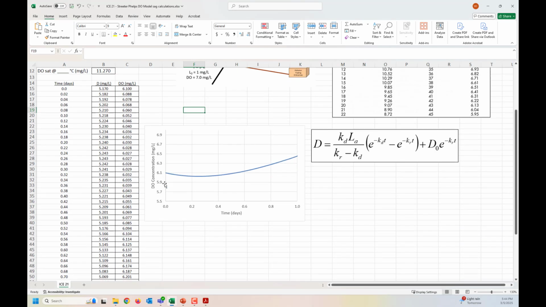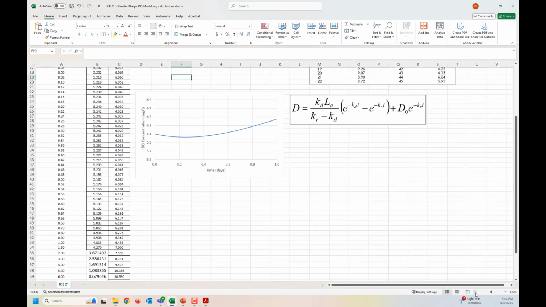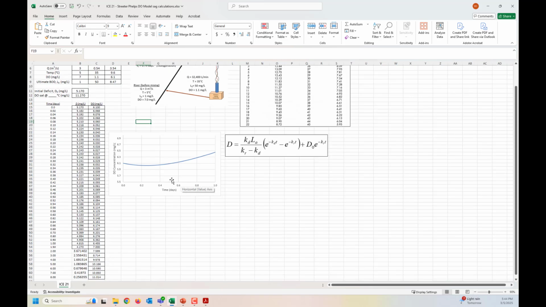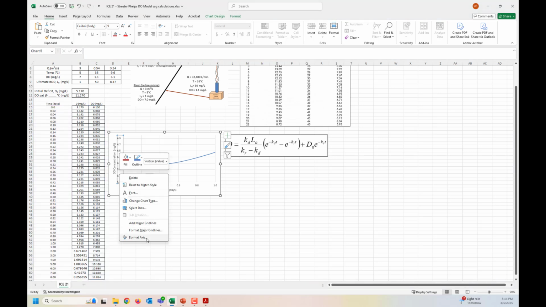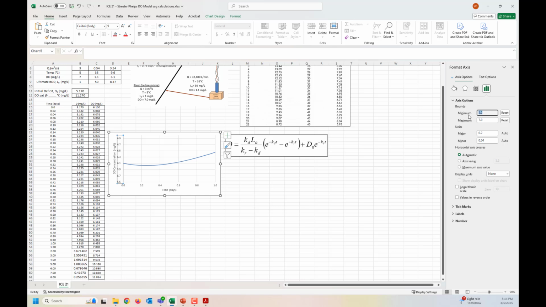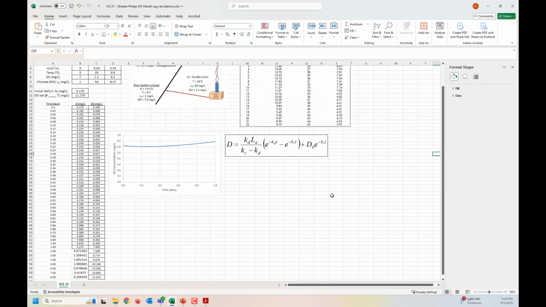Okay, so what if in this example that we're working on, let me just zoom out here, format, so that it includes from maybe like 3 to 7.